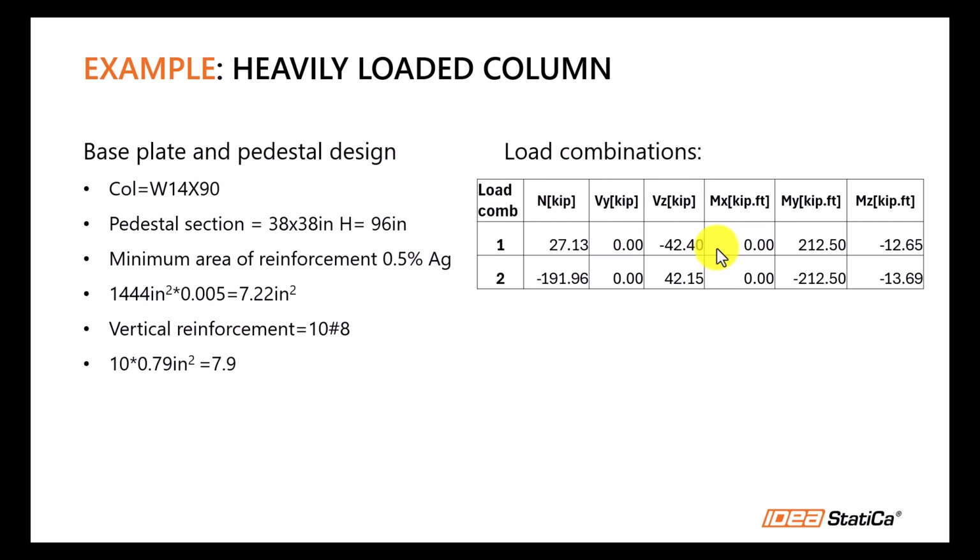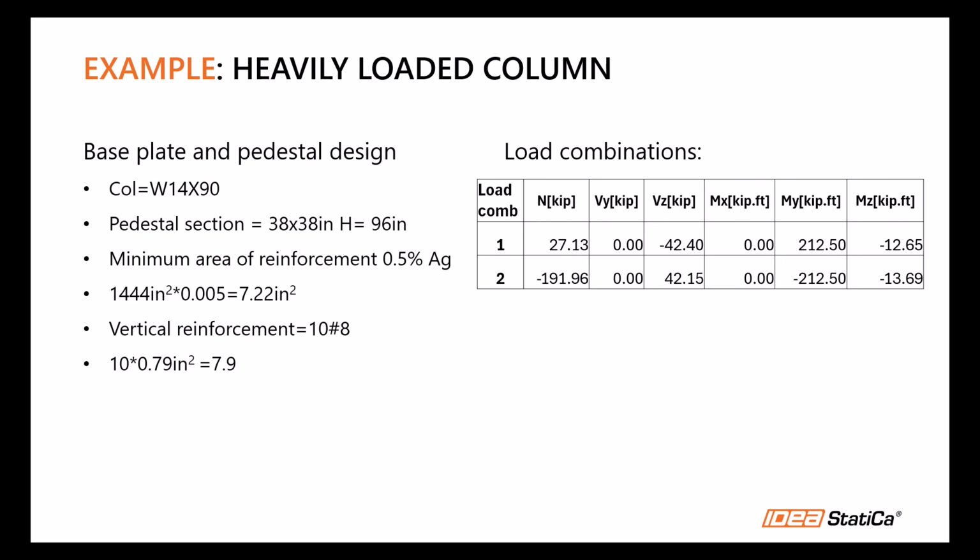Then I am going to use these two load combinations. One of them is with a tension force, and the second is with a negative compression force on the column. Both combinations have this huge moment on the column.